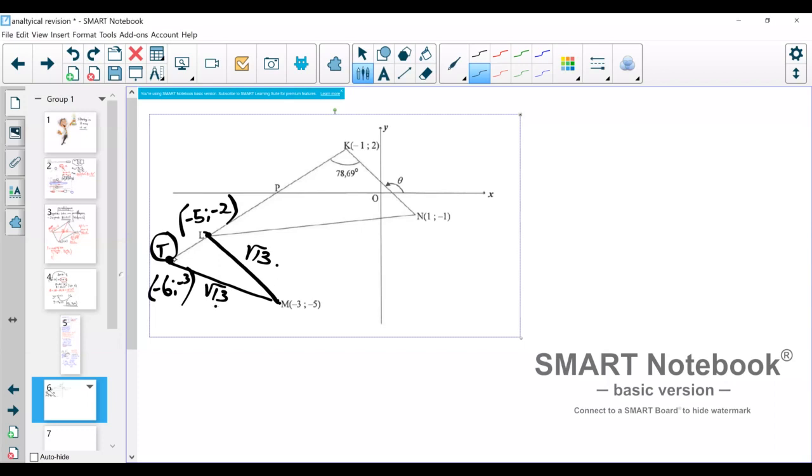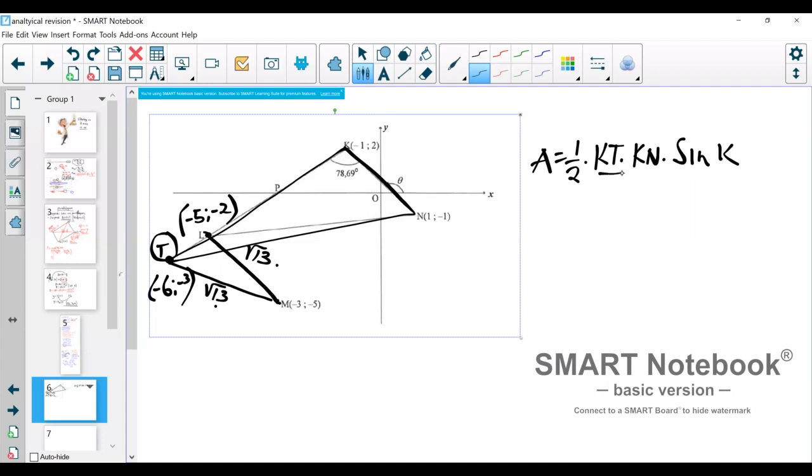Now, I am looking for the area of KTN. Again, KTN. Area is half, what's my length? KT, KN, sine K. Now, what is KT? Oh, by the way, I do have the two coordinates. This is a lot simpler, but just a thought pattern. So, half, can I just use my calculator to get my coordinates? All right. It is -1, -6.